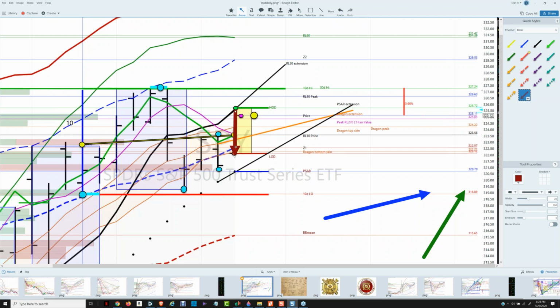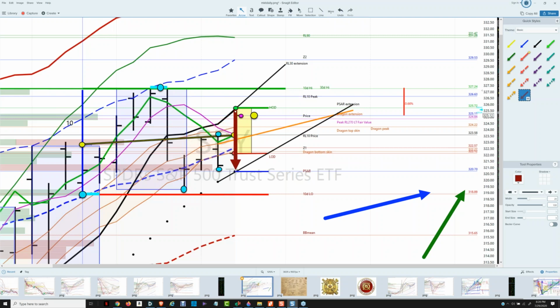I'm going to take all of that as one price at about 322.50. I think that's got to hold to really feel confident about the upside. We really want to see that hold. If that were to fail, the next support level is the PSAR, and that's got to be solid at 320.70 to preserve this nice 3-day upward move.